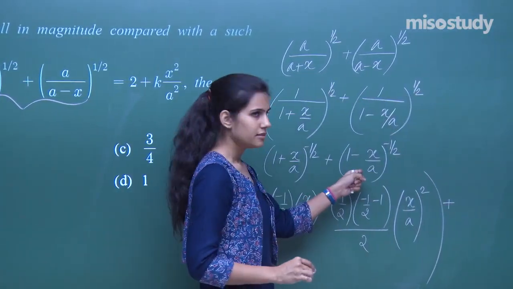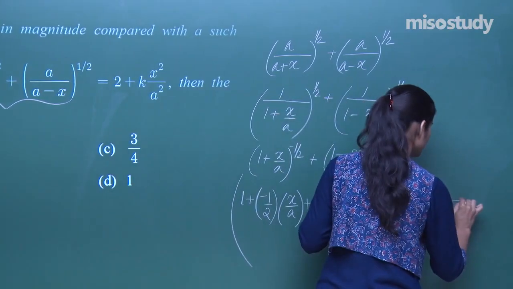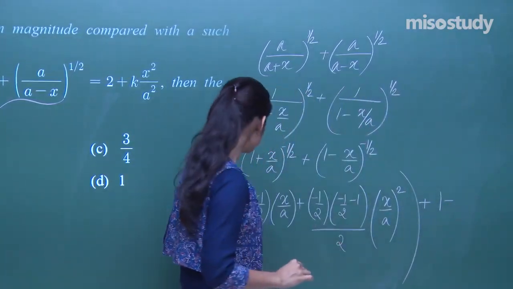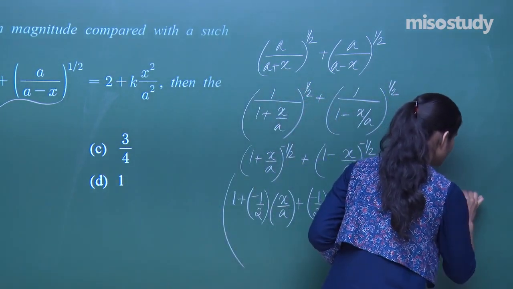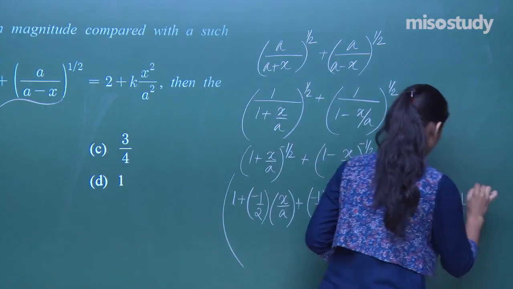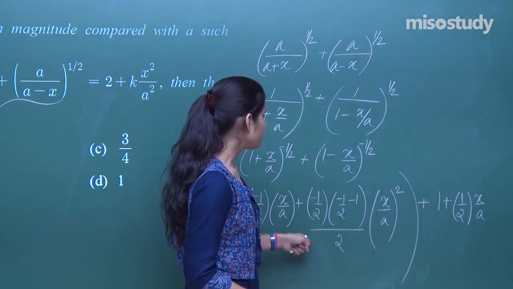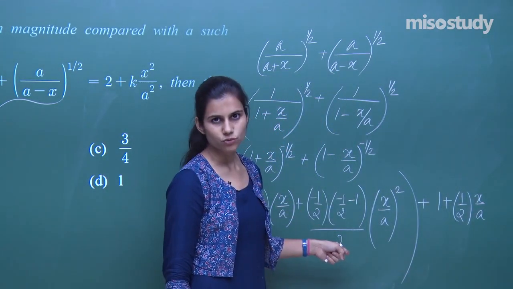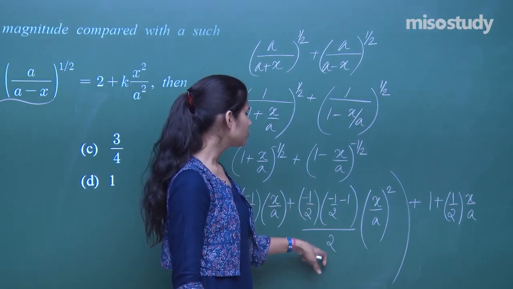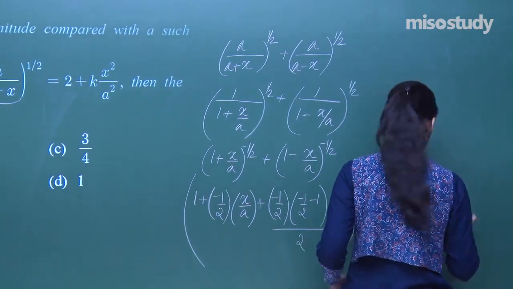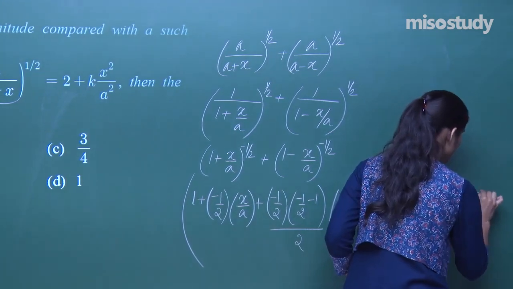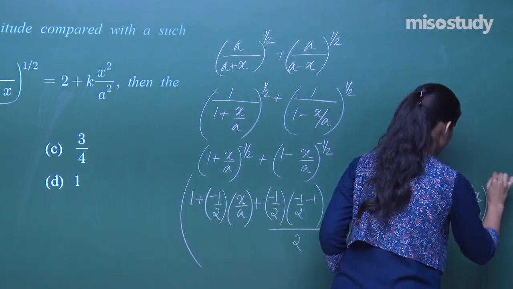Plus this expansion, so this becomes 1. What is this? This is minus 1 by 2 x by a. Here you are going to get plus 1 by 2 times x by a. This becomes what? Minus 1 by 2 into minus 3 by 2. That is 3 by 4 into 2, that is 3 by 8. So here it will be plus 3 by 8 x by a whole square.